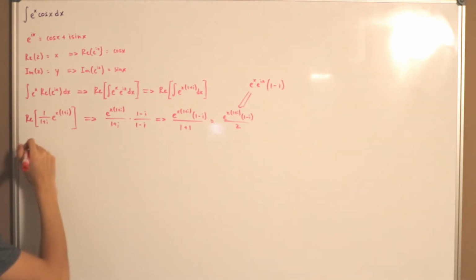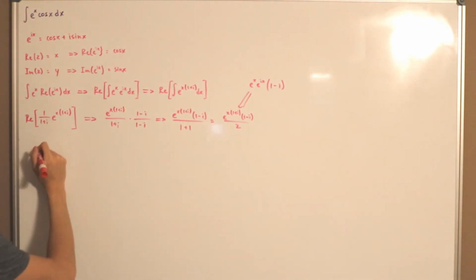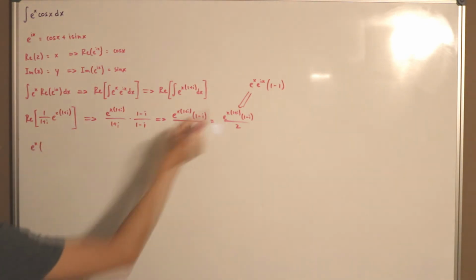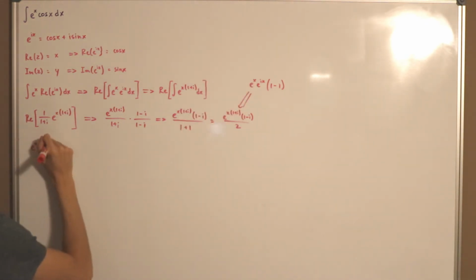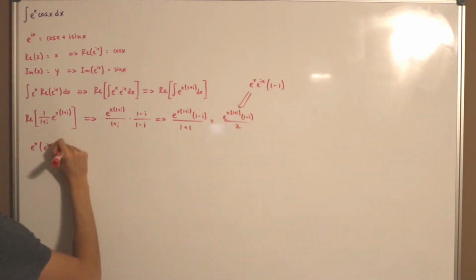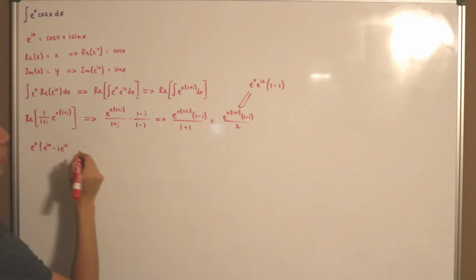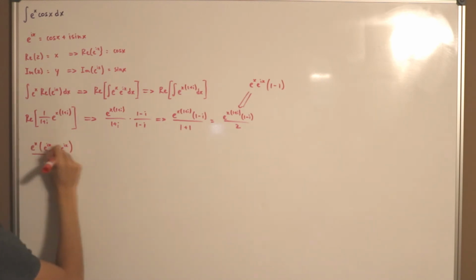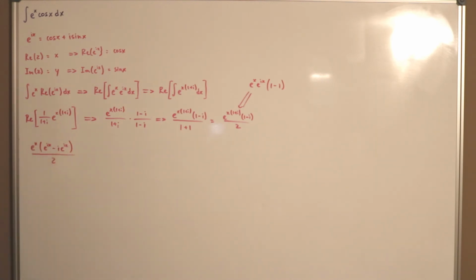So when we do that, we get e to the x, and then that's being distributed from here. This is e to the ix, then minus i times e to the ix, and then that's being divided by 2. Then we can replace e to the ix with our Euler's formula.